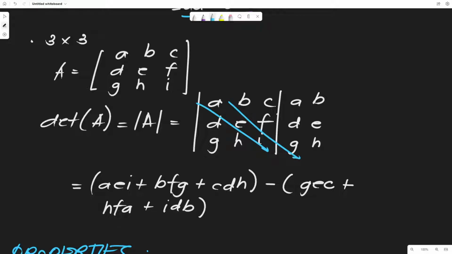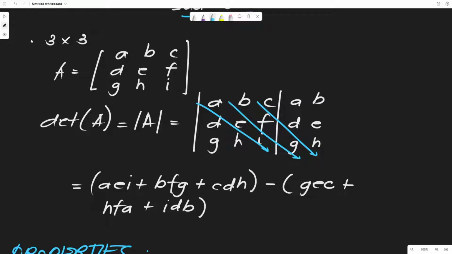First get the product of the downward, so A, E, I is the product. Then add the products of all the downward diagonals: A, E, I plus B, F, G plus C, D, H.